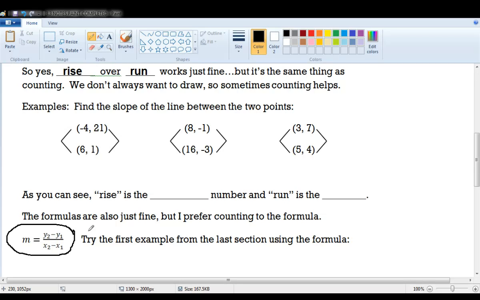I don't like it. I don't think it's the best way of doing it. There is one case we will go over today where you just have to know how to use it anyway, but we'll get back to that. Anyway, the way I judge slope is just by counting. So I'm actually going to do the last example first.